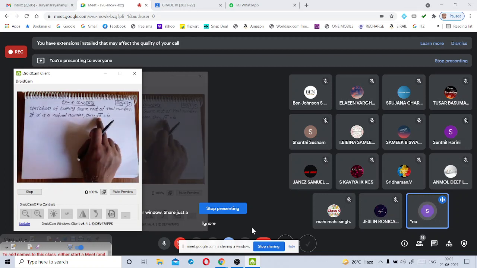Generally we read it as root, actually square root only, but for our convenience we read it simply as root. Root a means square root a only. Please remember this point, my children.